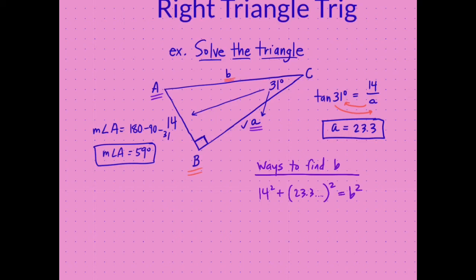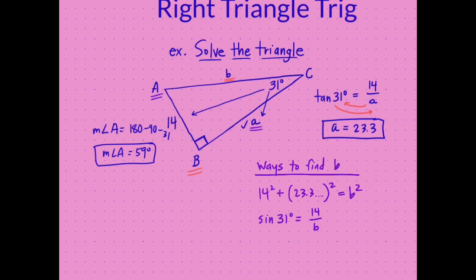I could use some trig function with angle A. I could use angle C. I could have found B at first. Instead of using tangent of 31, I could have used, let's see, sine of 31 equals opposite over hypotenuse, which is 14 over little b, and solve there. So that would be 14 divided by sine 31 would be 27.2.